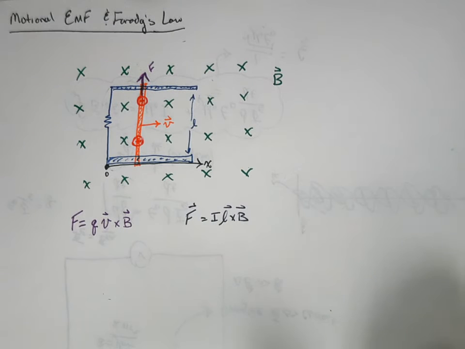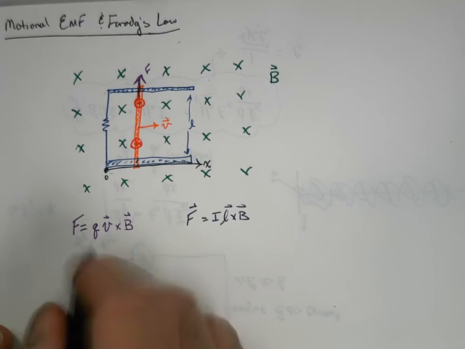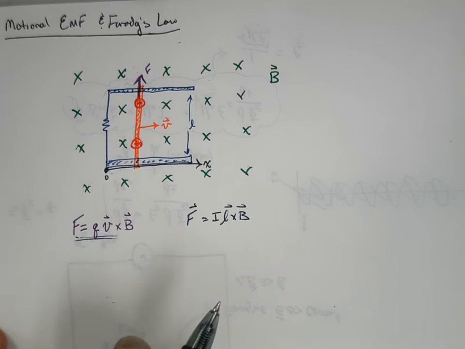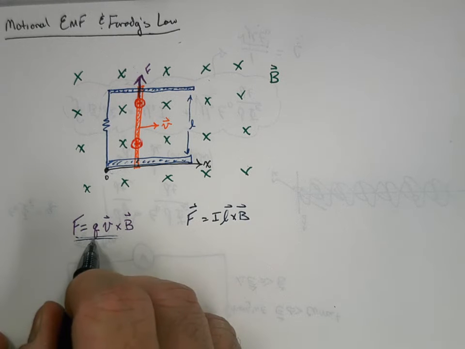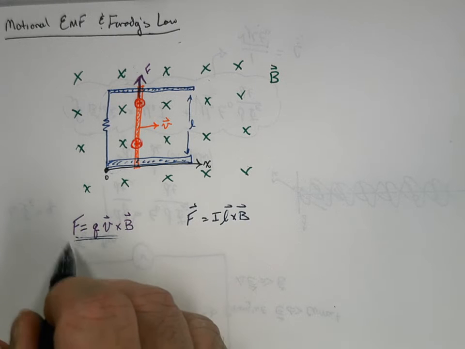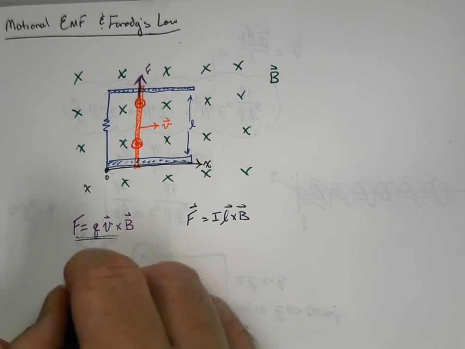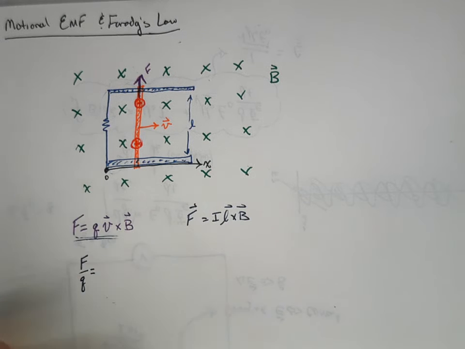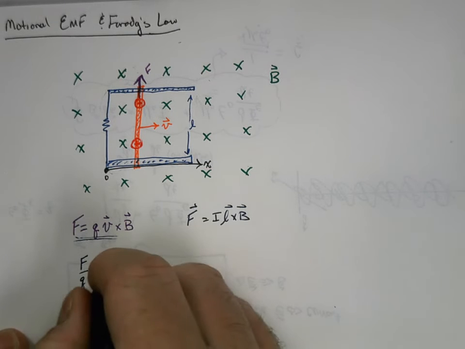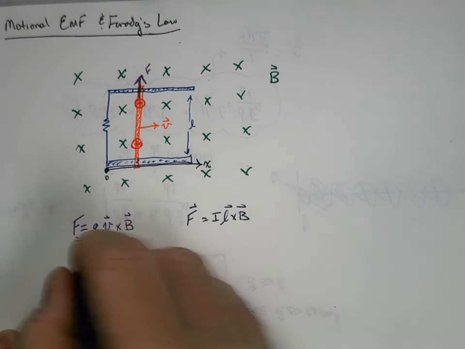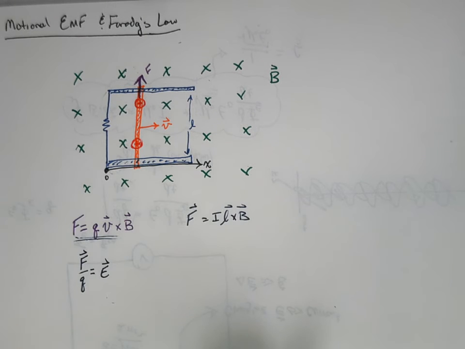Okay, now, let's come back over here. What if I take this Q and we divide both sides? What is force per unit charge? That's our field, right? Force per unit charge creates an electric field. So look what we've done here.